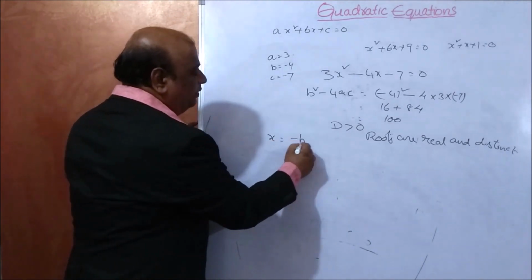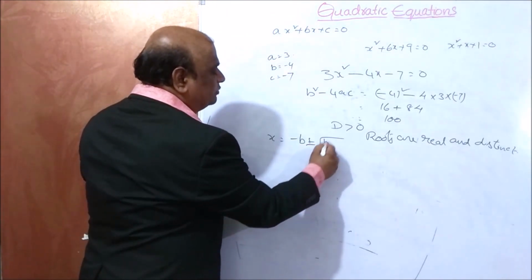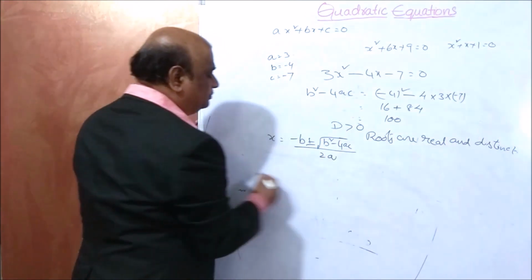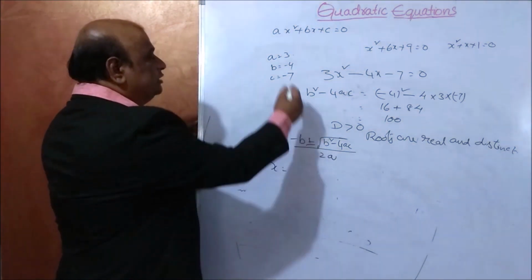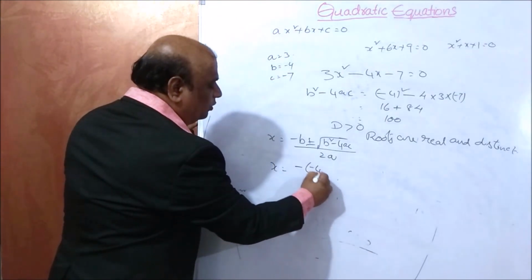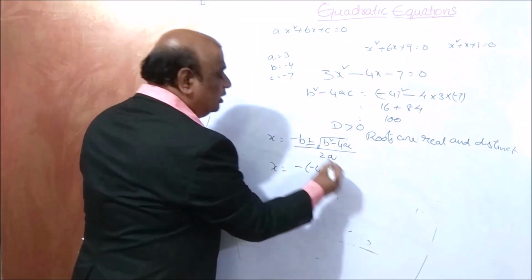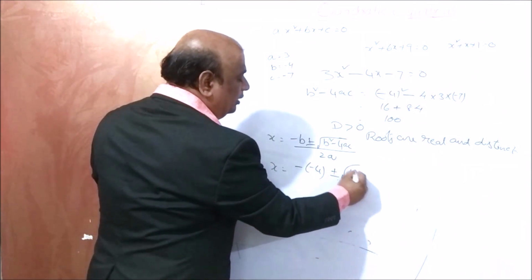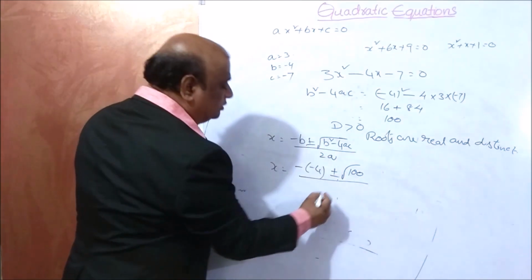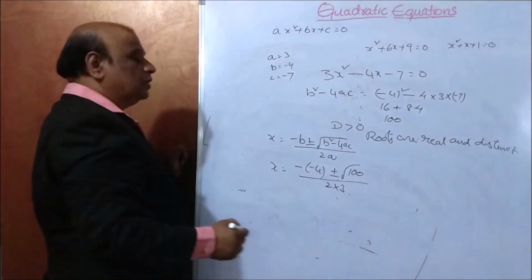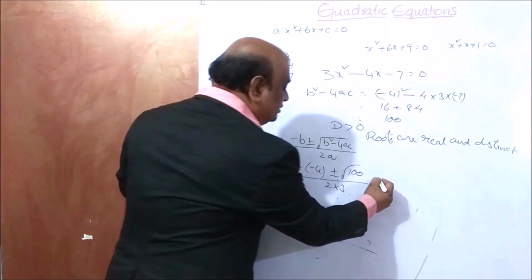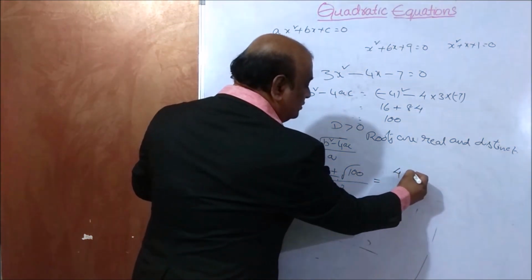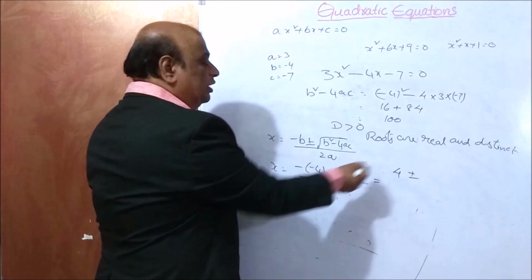x is equal to minus b plus or minus root of b square minus 4ac by 2a. x is equal to minus b means minus of minus 4, plus or minus, already we got the value b square minus 4ac is 100, root 100, by 2a means 2 into 3. Here this is minus into minus plus 4, plus or minus, what is the square root of 100?